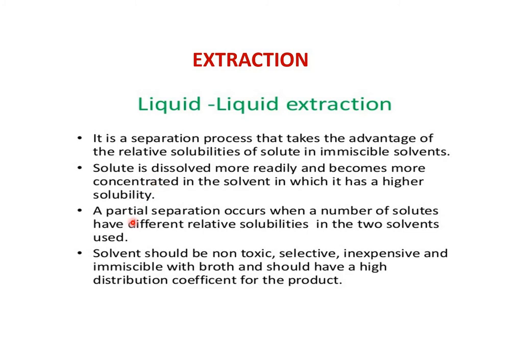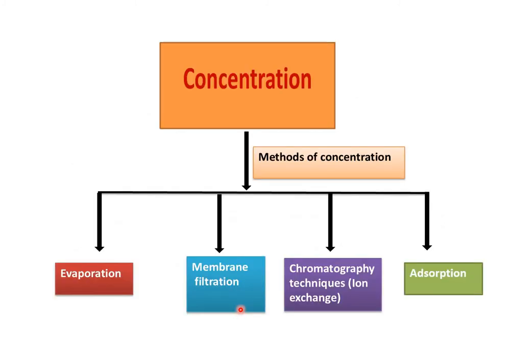A partial separation occurs when a number of solutes which have different relative solubilities in the two solvents are used. The solvent should be non-toxic, selective, inexpensive, and immiscible with broth, and it should have a high distribution coefficient for the product. So these are some characteristic features of the liquid extraction method.